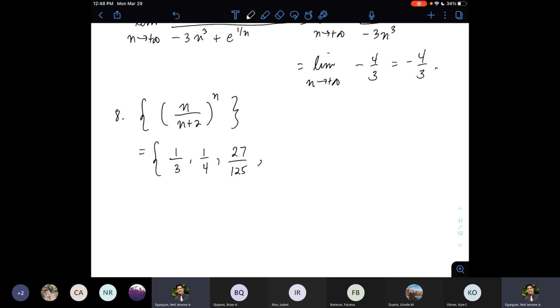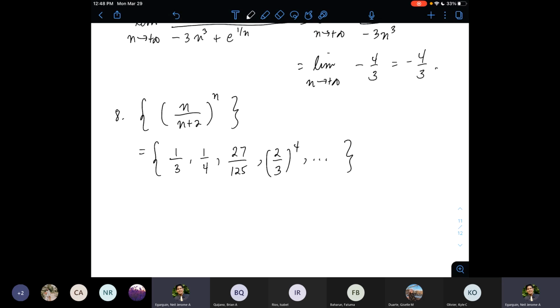And then when n is 4, we'll have 4 over 6, or 2/3, raised to the fourth. If we do the listing, it is not obvious whether this will converge at all, right?